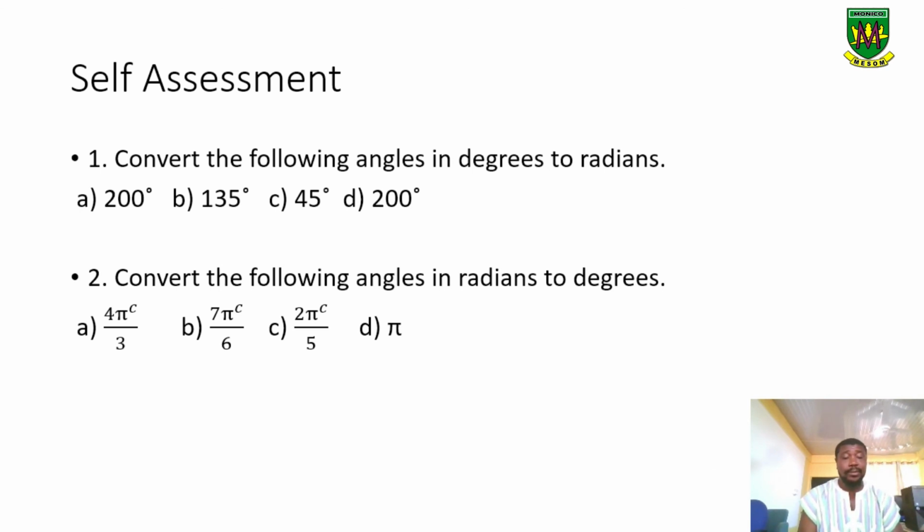We have A, 200 degrees, B, 135 degrees, C, 45 degrees, and D, 200 degrees. 2. Convert the following angles in radians to degrees. I hope we can all do it.